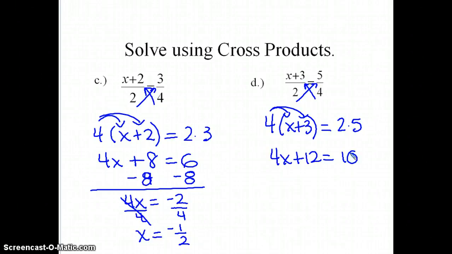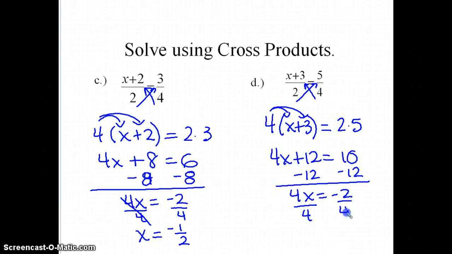In order to get 4x by itself, I will subtract 12 from both sides. 4x is equal to negative 2. Dividing by 4 on both sides, the 4's cancel. X is equal to, simplifying negative 2/4, I end up with negative 1/2.